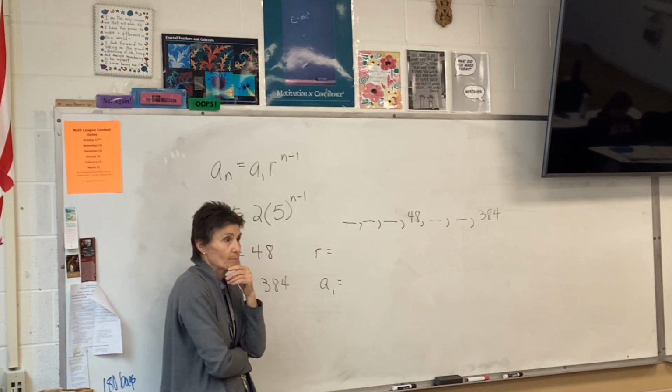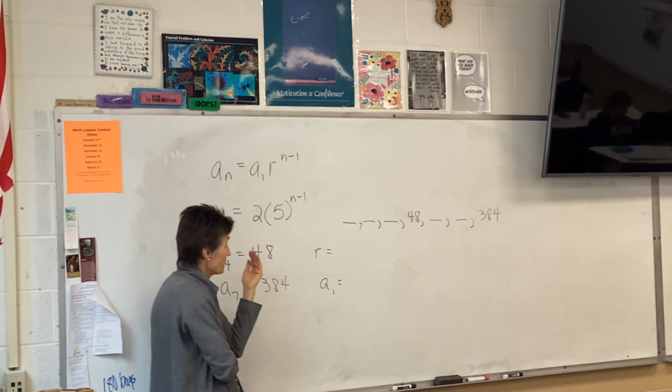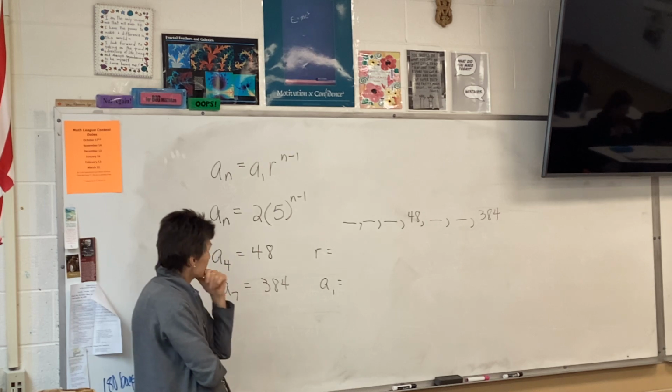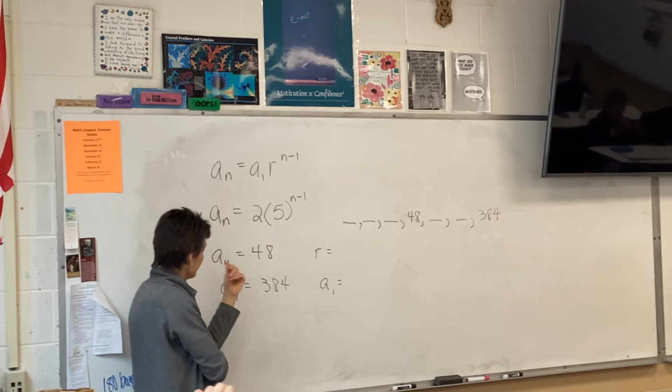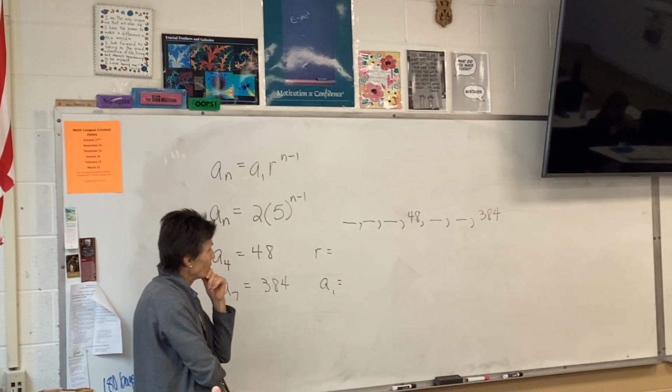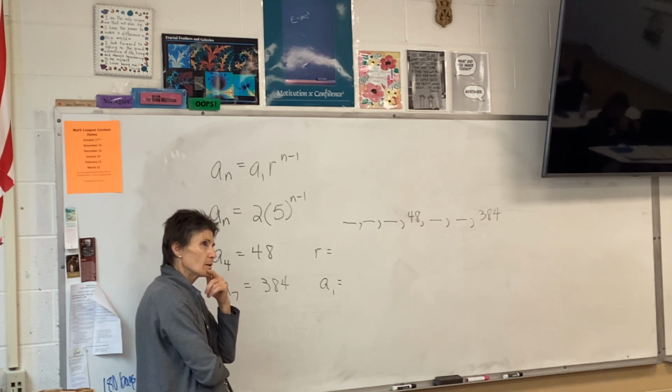Sometimes it helps me to kind of look at it. So the fourth term is 48, and the seventh term is 384.